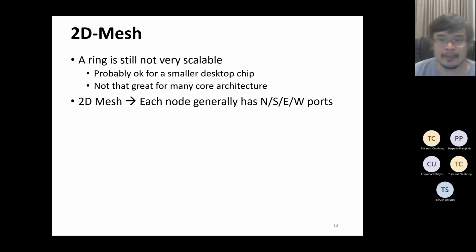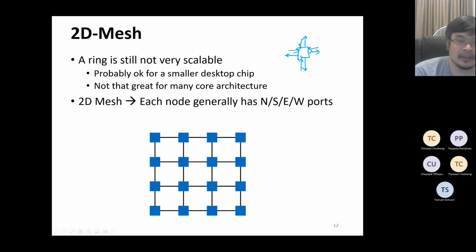Maybe we can do a 2D mesh, right? Each node has the north, south, east, and west port, right? And then you connect it this way. In this case, you're looking at a 16 node system. It can be a 16 core machine, right? And now you have the north, south, east, and west, and they can connect in this way.